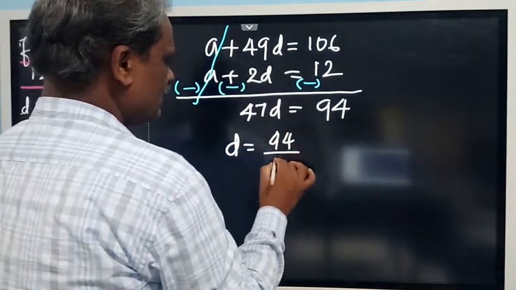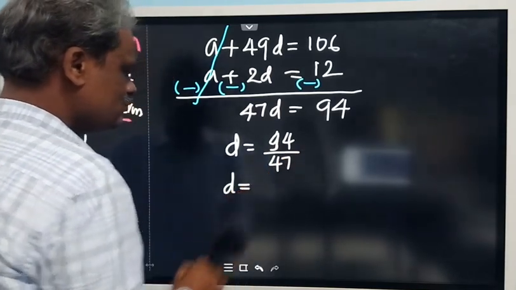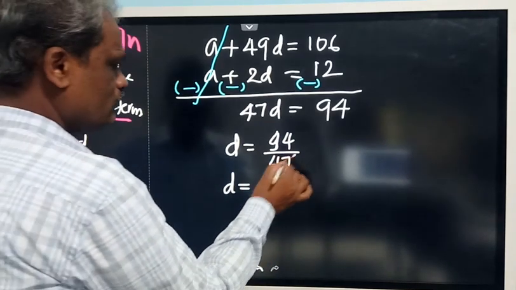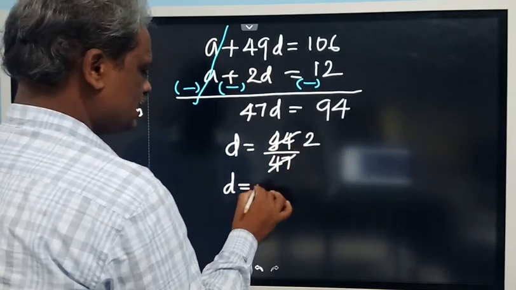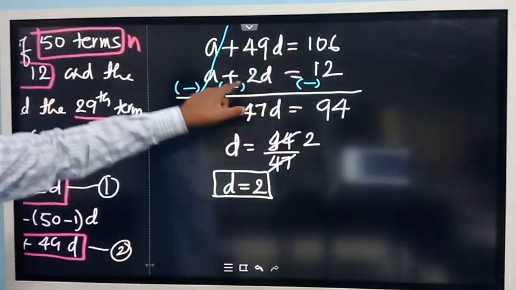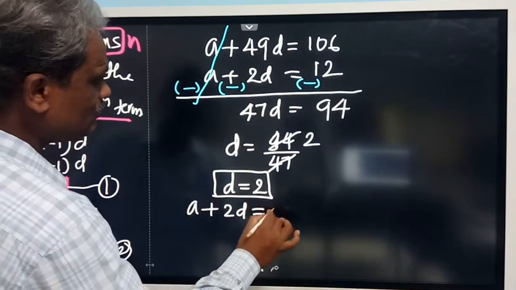So now D is equal to 94 divided by 47. So D is equal to 2. We got the value of D. Substitute in any one of the equations; take the very simple equation, A plus 2D is equal to 12.